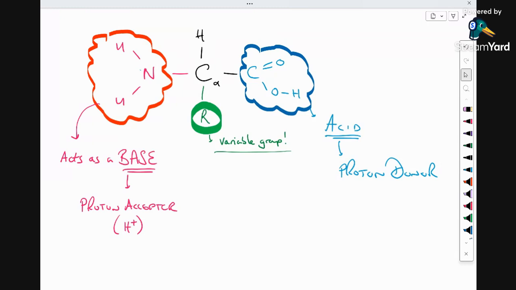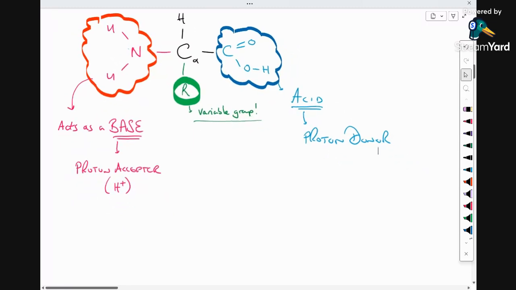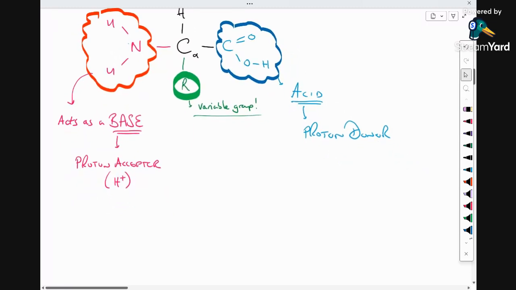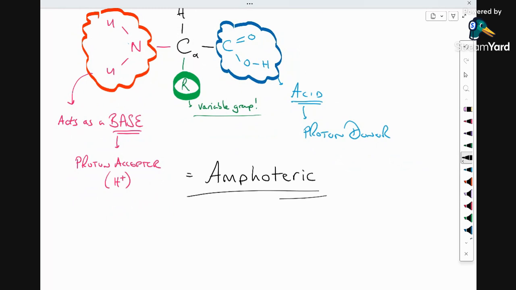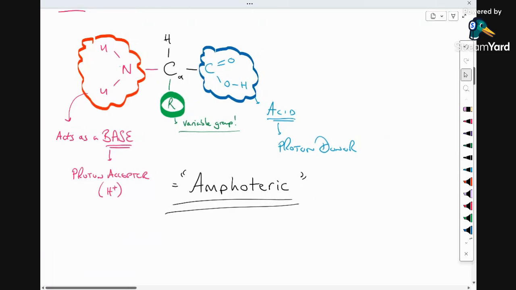In a similar way to how phospholipids were both hydrophilic and hydrophobic, and we call that amphipathic, there's a name for being both an acid and a base in the same molecule. And this is a word, not amphipathic. So amino acids are amphoteric. They exhibit properties in the same molecule of both an acid and a base. In other words, they both accept and donate protons to solution.